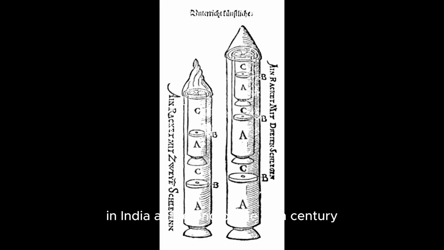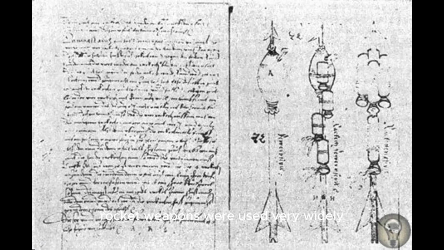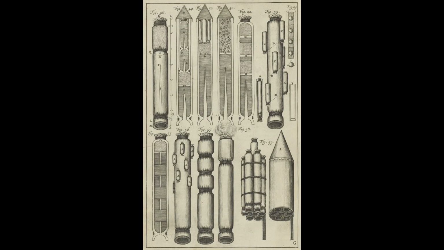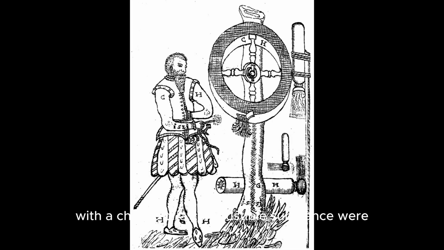In India, at the end of the 18th century, rocket weapons were used very widely and, in particular, there were special detachments of rocket scientists, the total number of which reached about 5,000 people. Rocket arrows, projectiles which were tubes with a charge of a combustible substance, were used by the Indians in battles with British troops, the Mysore rockets.